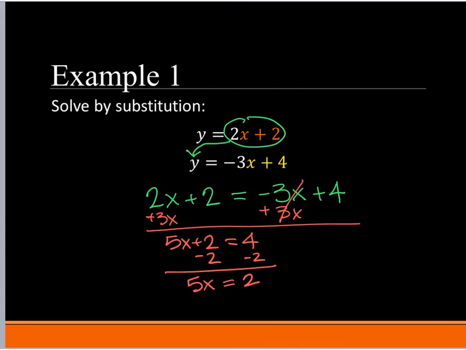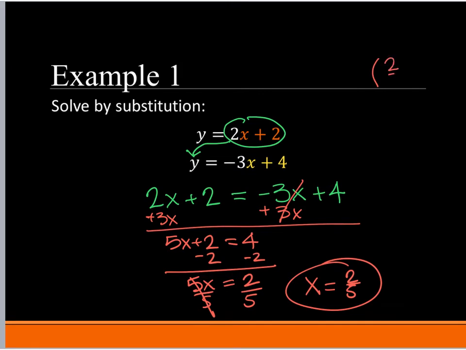Then I need to solve for x by dividing both sides by 5. So here I can see that x equals 2/5. This is part of my solution because if you remember, I'm looking for both an x and a y coordinate. So I just solved for my x coordinate.